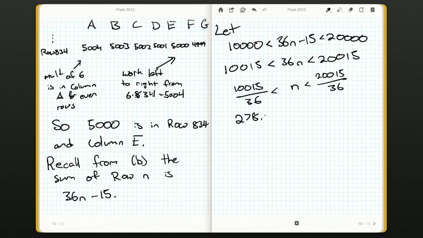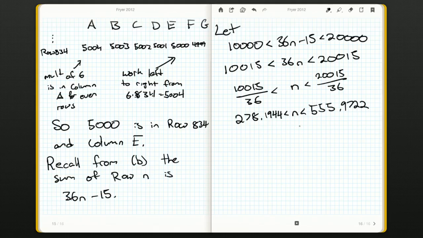So 278.1944 is going to be less than n, and that's going to be less than 20,015 over 36, which is 555.9722. Okay.